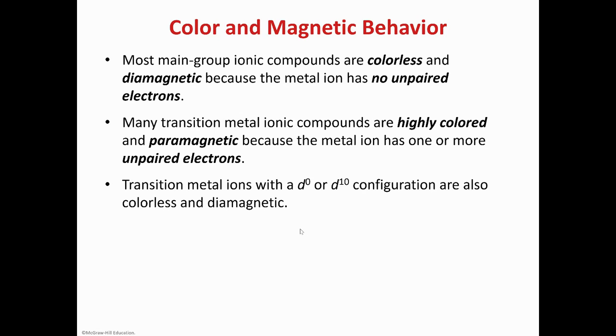Okay, so what we're looking at here is that many transition ionic compounds are highly colored, and they're also paramagnetic. Paramagnetic means that they'll have a slight attraction to a magnet.